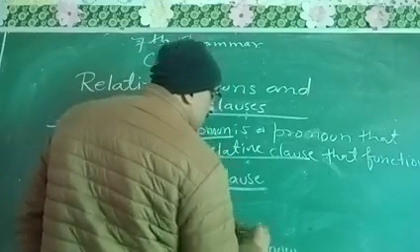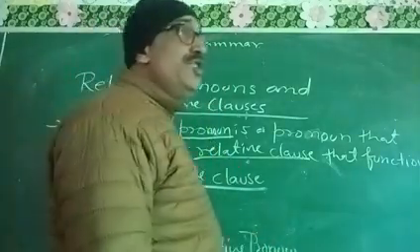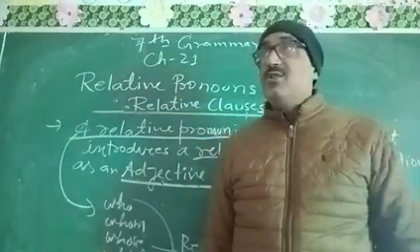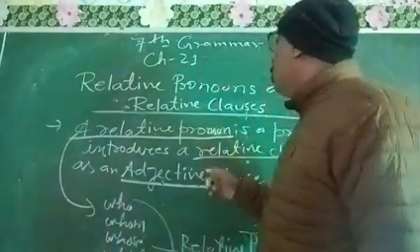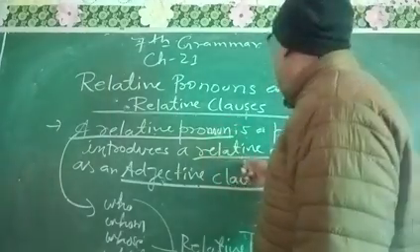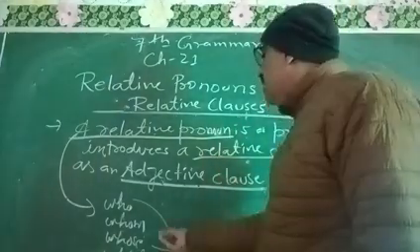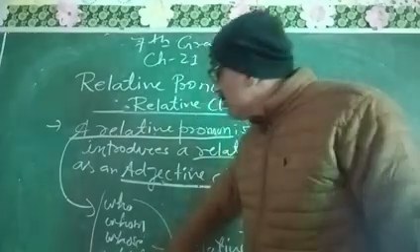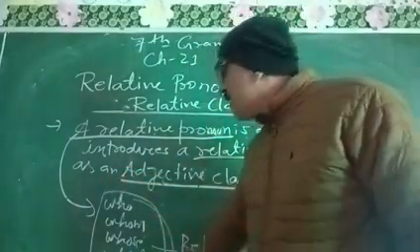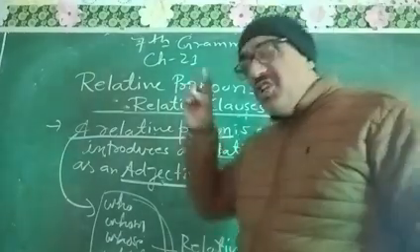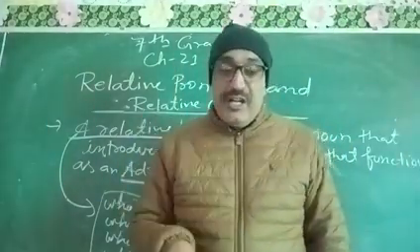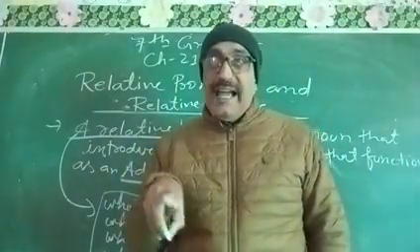When these words are used to join two different sentences to make a complete sentence, they make a relative clause, and this relative clause is known as an adjective clause.